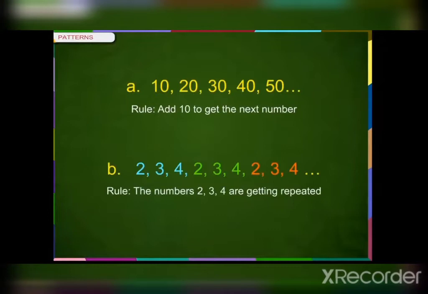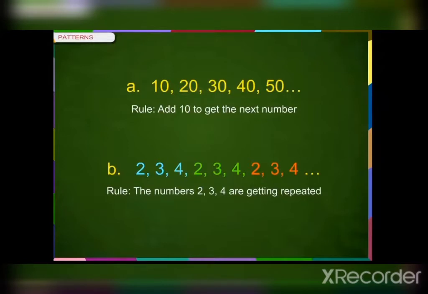Patterns. Number pattern. Number patterns are a sequence of numbers that are ordered based upon a rule. Every pattern has a rule. A number pattern is a sequence of numbers that grows or repeats according to a specific rule. For example, look at the first number pattern that starts at 10 and follows the rule add 10 to get to the next number.